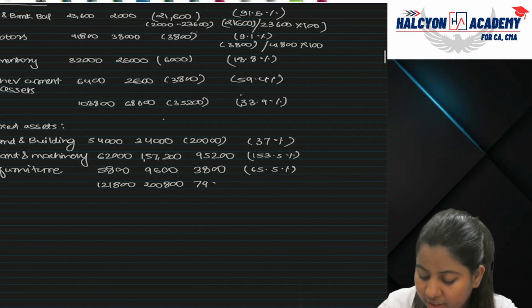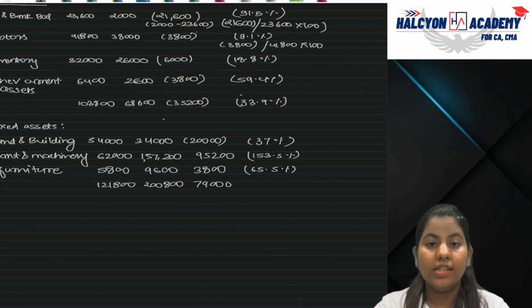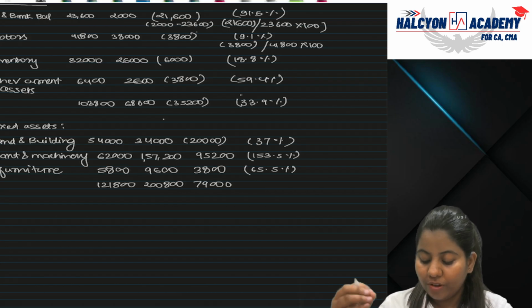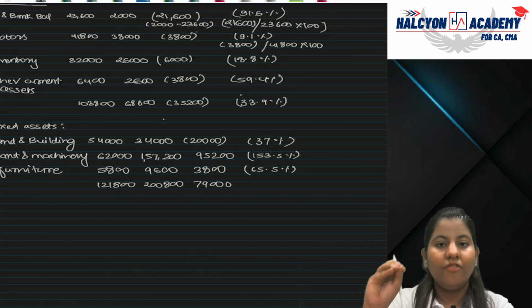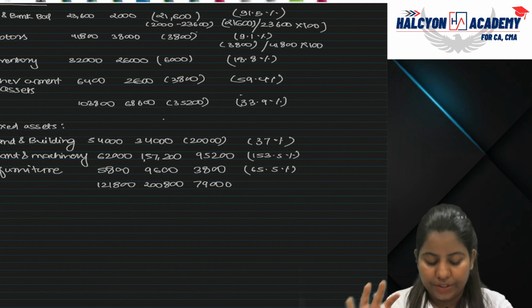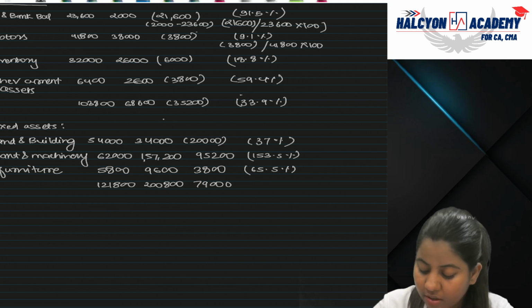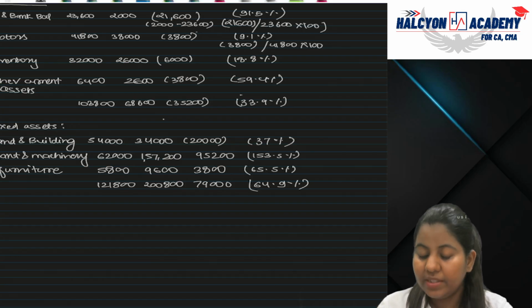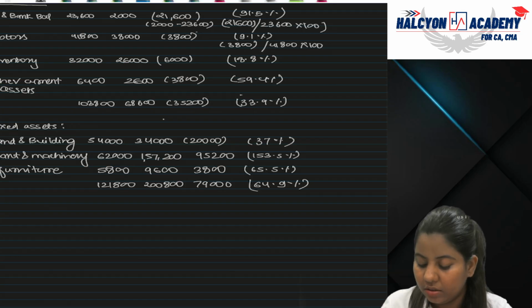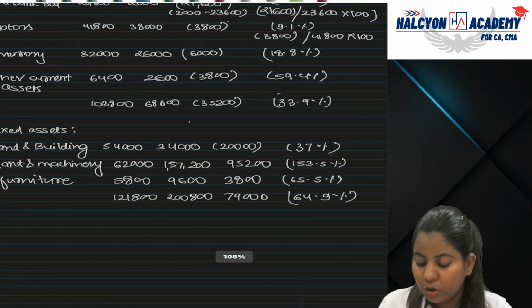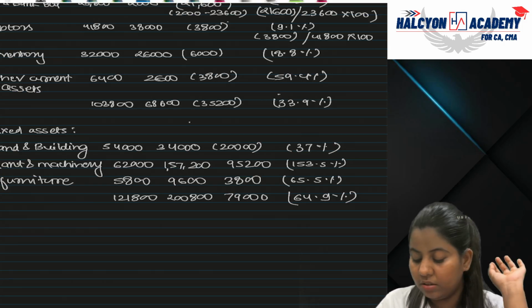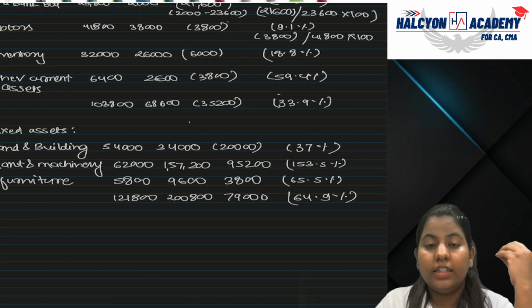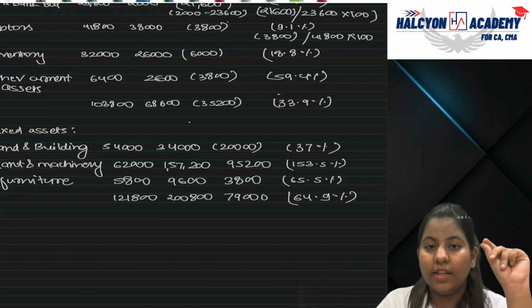By 79,000 rupees. So what will be the percentage change? 79,000 divided by 1,21,800. It will be 64.9% rounded off. So the fixed assets are increased by 64.9% compared to the previous year.